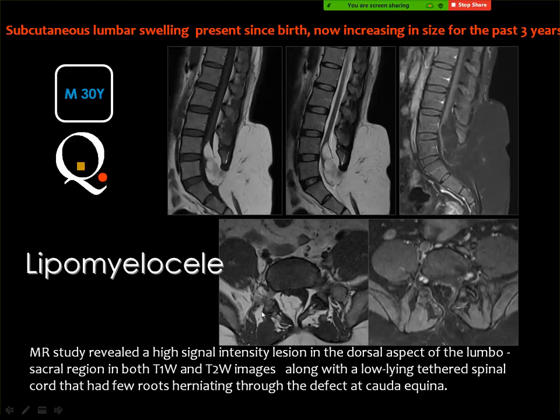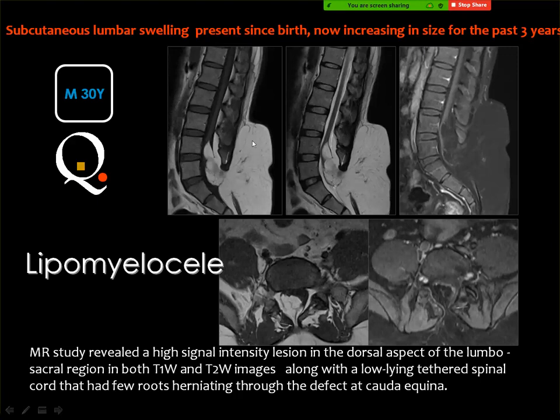lipomeningomyelocele? In lipomyelocele, the lipoma is attached to the cord inside the spinal canal. In lipomeningomyelocele, the cord is attached to the lipoma outside the spinal canal.